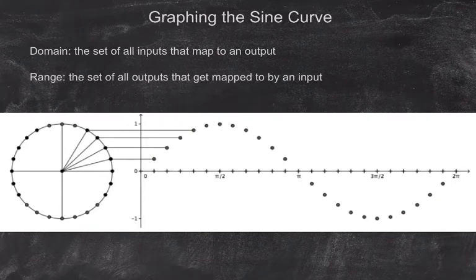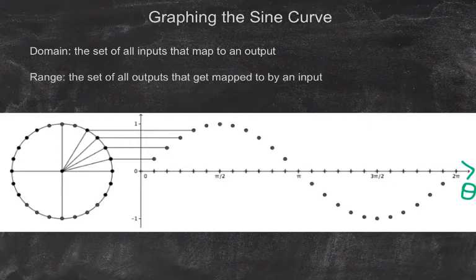Domain is the set of all inputs that map to an output. And in this case, our inputs are theta values. So we want to think about what are all of the possible angle measures that give us a triangle with some height. And so in this case, I can actually have an input, an angle measure, anywhere between negative infinity and infinity.